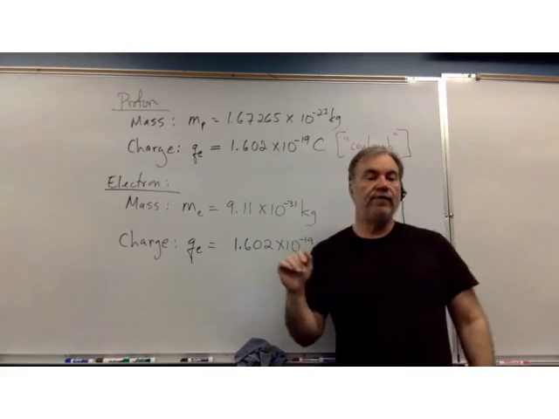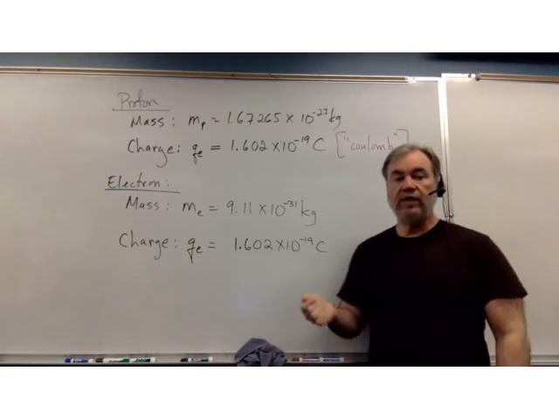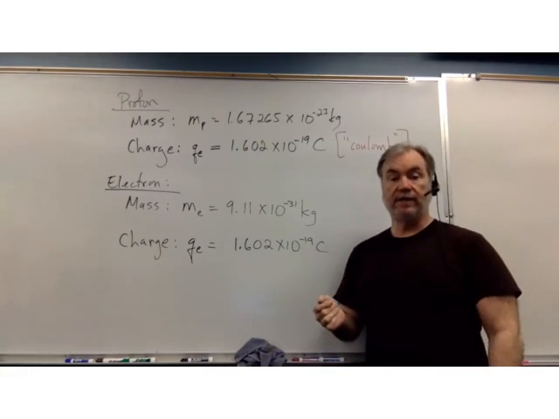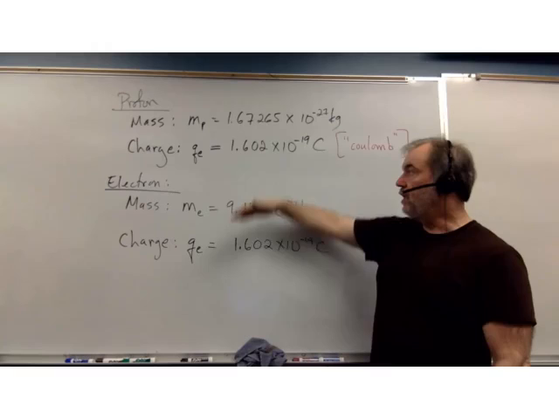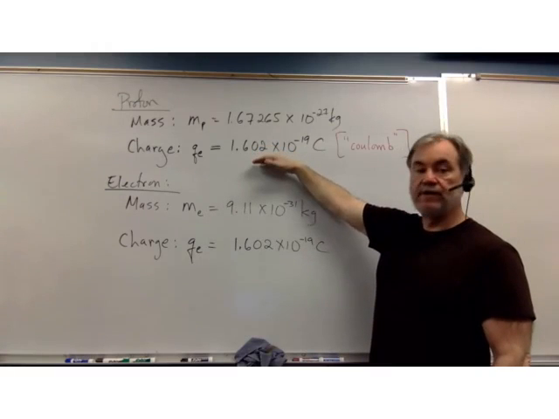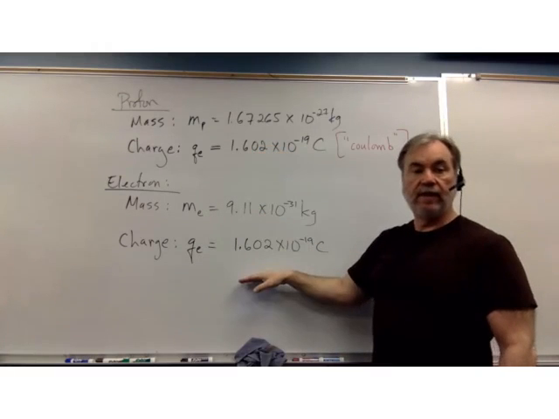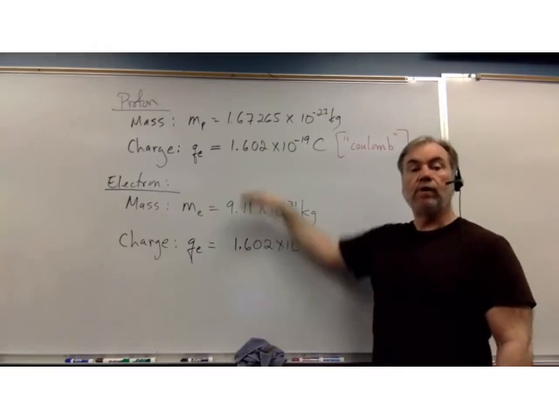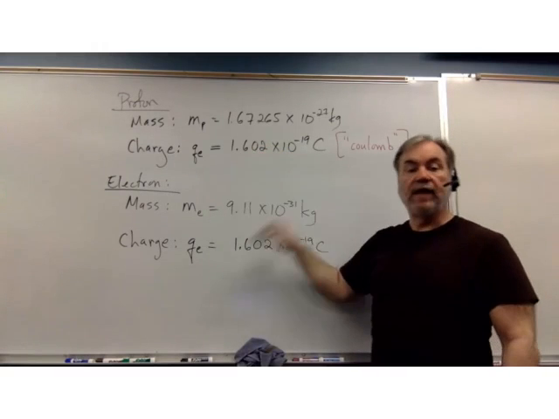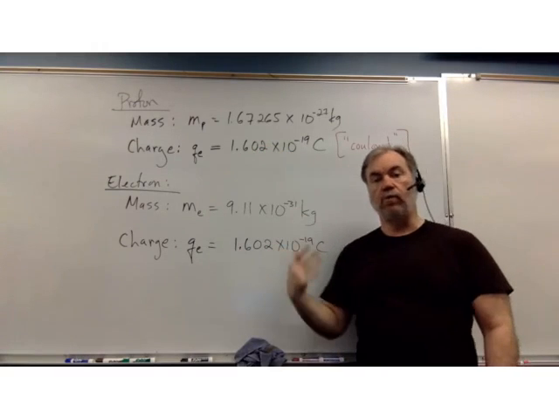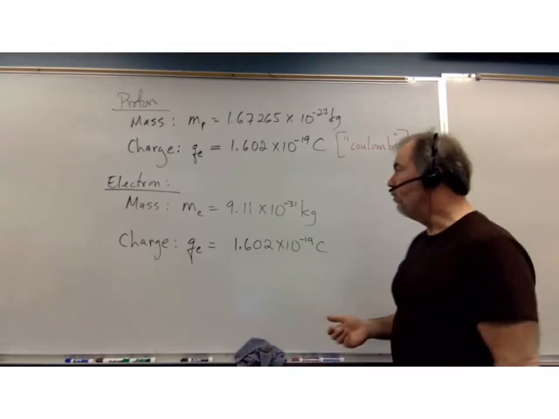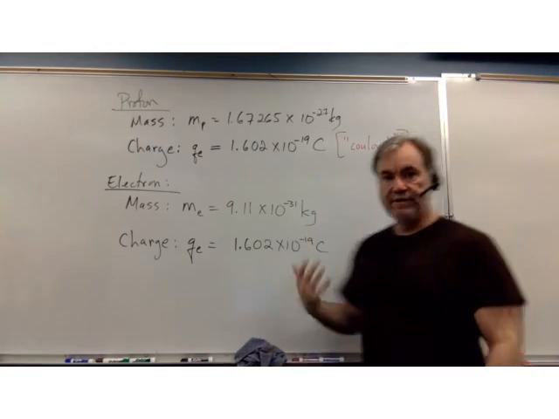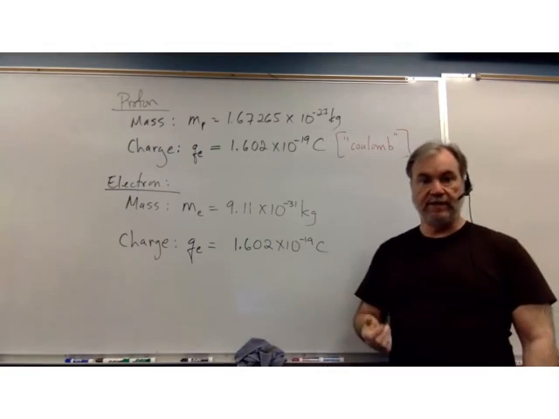And so the labeling could have been any label that indicated oppositeness. We could have said that the proton has a charge of up and the electron down, or black and white, or in and out, or male and female, or whatever labels might have indicated oppositeness.